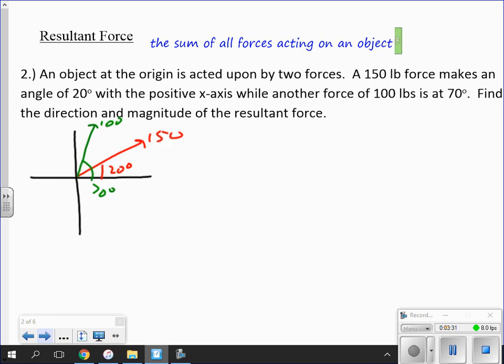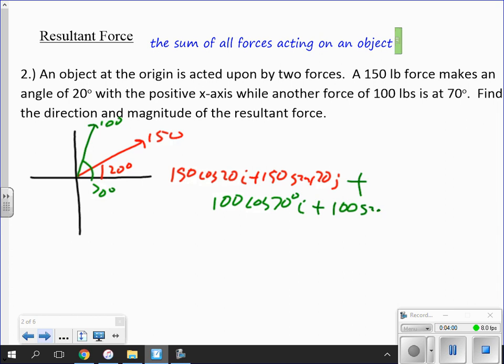So we have 150 cosine 20 degrees times i plus 150 sine 20 degrees j, plus the other vector, 100 cosine 70 degrees i plus 100 sine 70 degrees j.